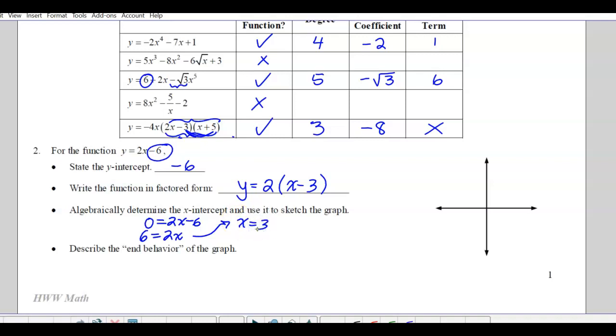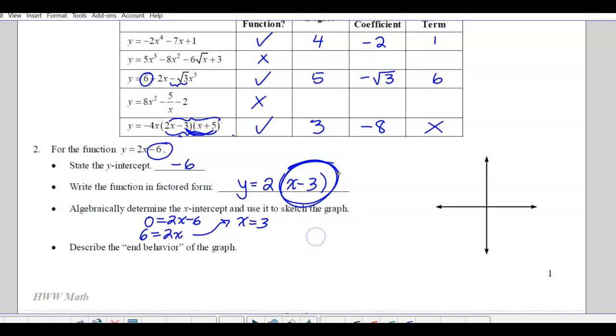Notice how, when it's in factored form, that tells us our x-intercept. So think back to quadratics when it was factored. We looked for those factored forms to get the x-intercepts. Same thing. Now, when you learned equations of lines back in Math 10, you probably did it this way. But now that we've reviewed factoring and done quadratics, you can do it this way. A little bit easier.